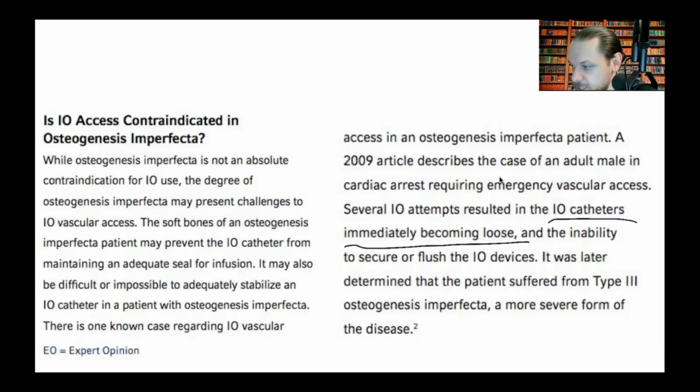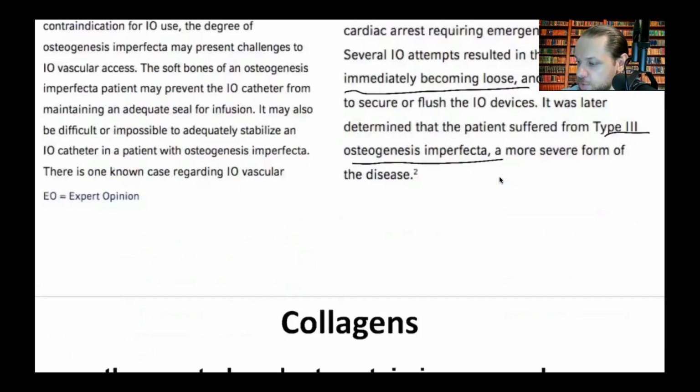The patient had type 3 osteogenesis imperfecta, basically the severe form of the disease. Usually those kids who have osteogenesis imperfecta don't survive to adulthood. But yes, it's a brittle bone disease, and it's a relative contraindication, meaning it's up to your discretion to determine whether you should initiate IO access or not.